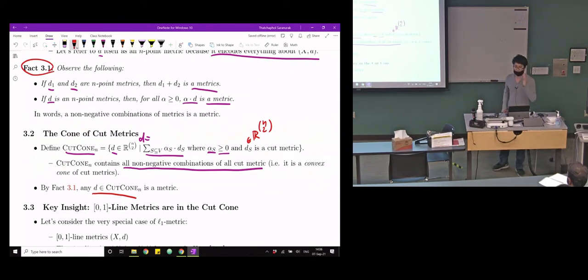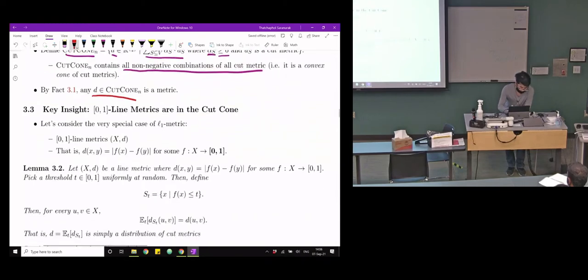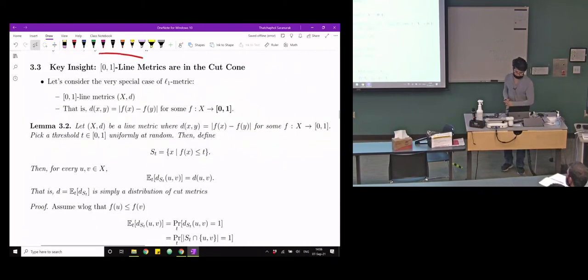But we will try to prove a special case of that, which is this step. So we don't look at L1 yet. We look at line metrics. And even simpler than that, we look at the line metrics which are inside the 0, 1 interval.